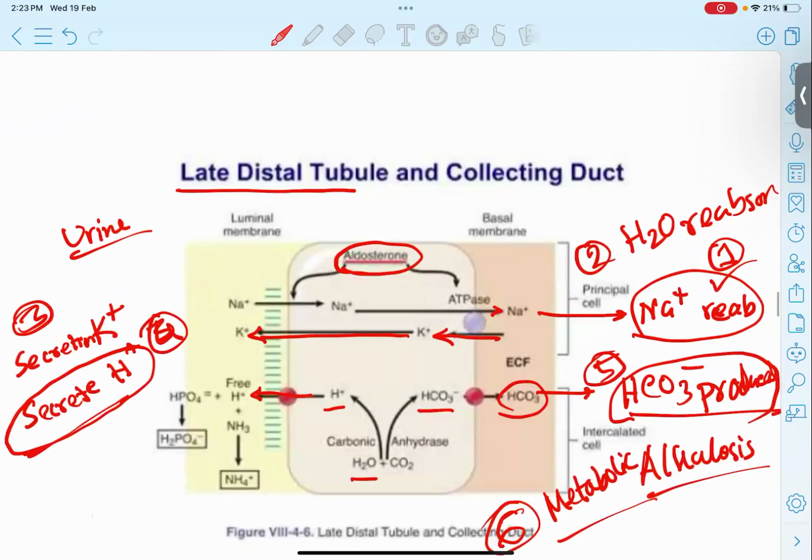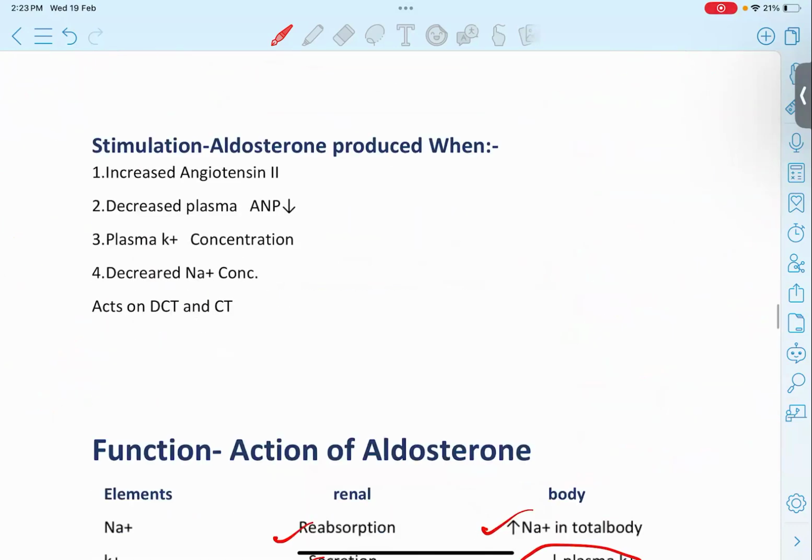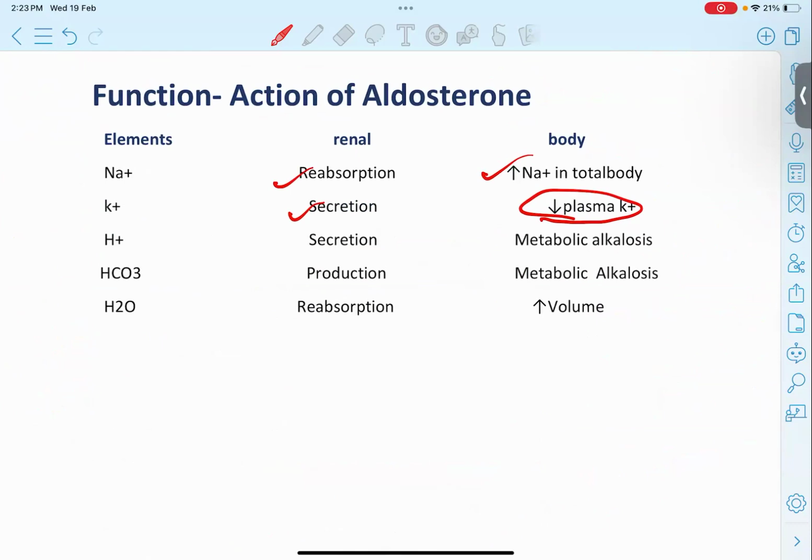Secretion means we are secreting it in the urine, that means it is coming out of the body. So plasma potassium will fall. Proton, again we are secreting, and proton is an acid, so acid losing means metabolic alkalosis. Bicarb we are producing, also metabolic alkalosis. Water we are reabsorbing, that means increase of volume. So that is the action of aldosterone.